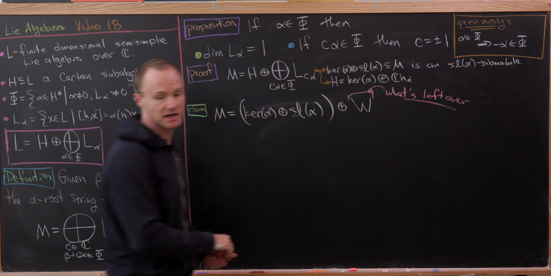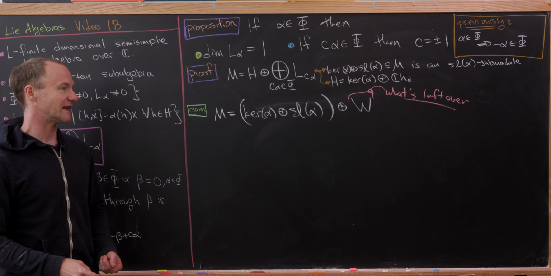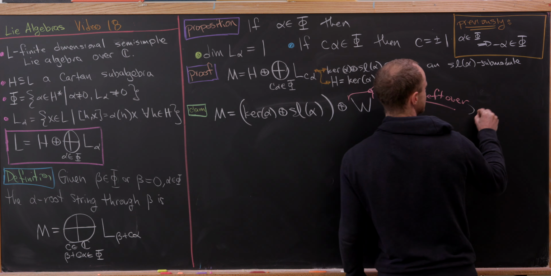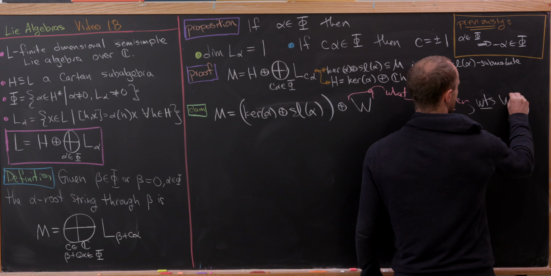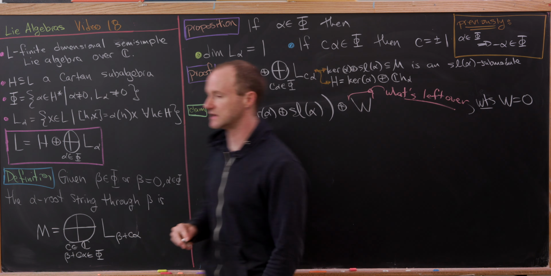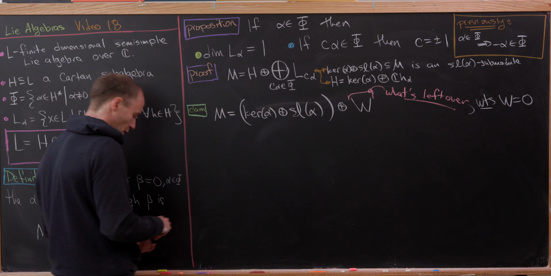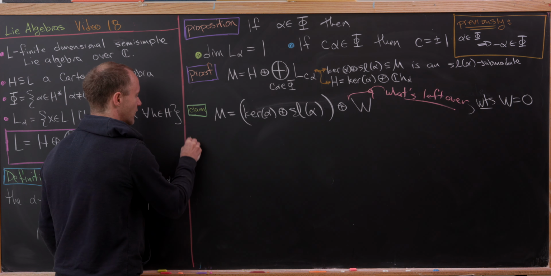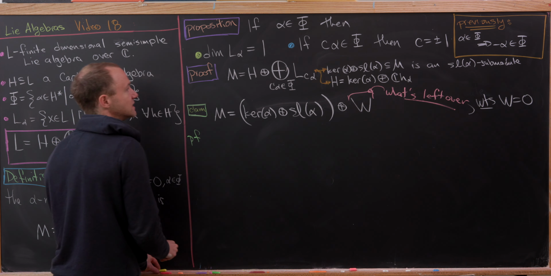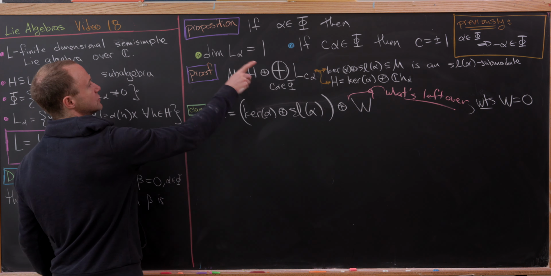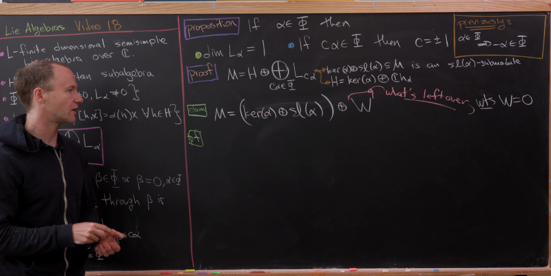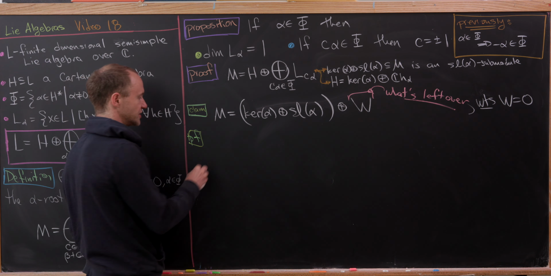The claim here is that W is equal to 0. So here I'll put 1 to show that W is 0. In other words, there's nothing left over. Once we show that there's nothing left over, we'll see how that leads to the two conclusions of our proposition.